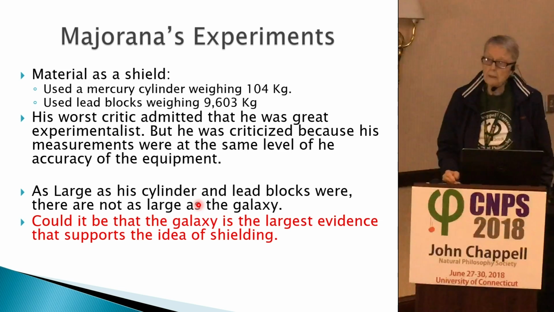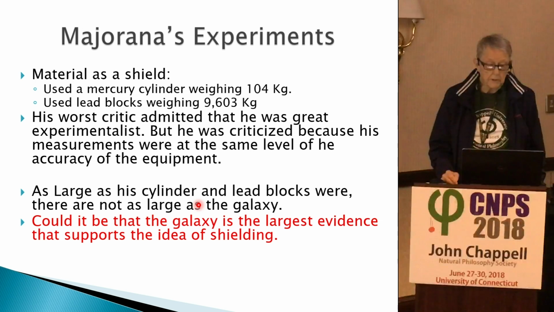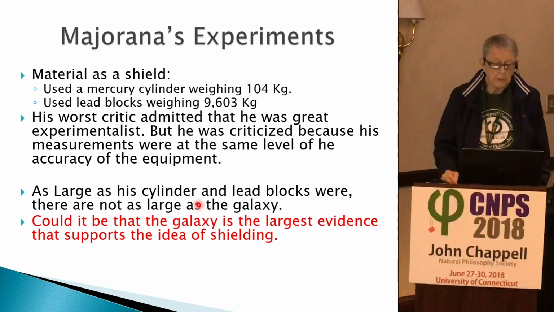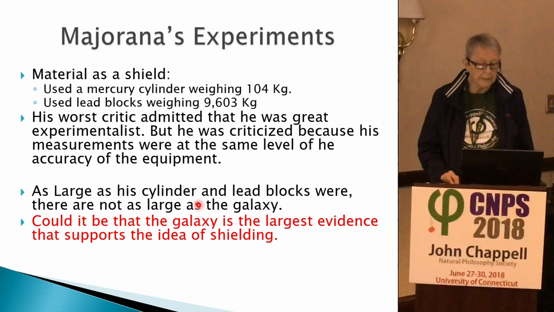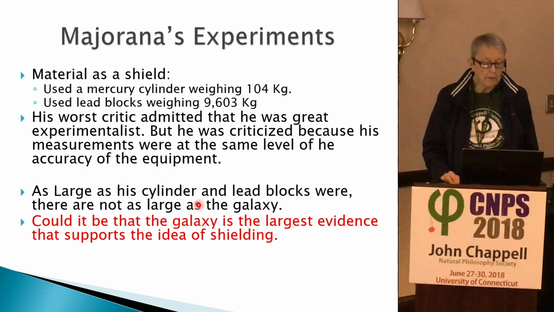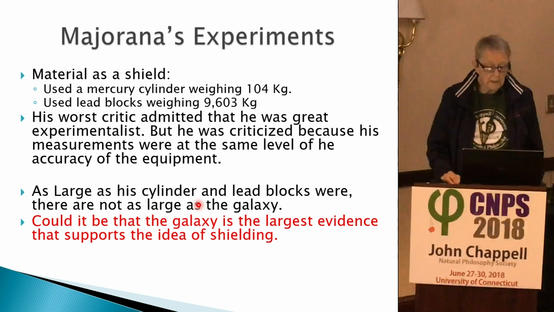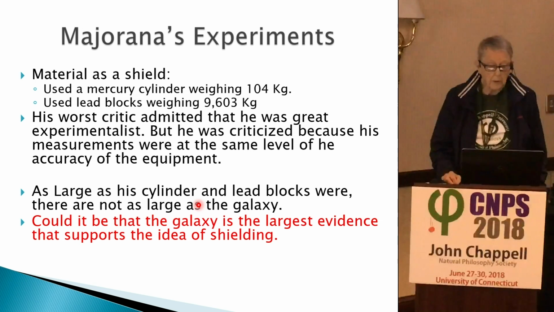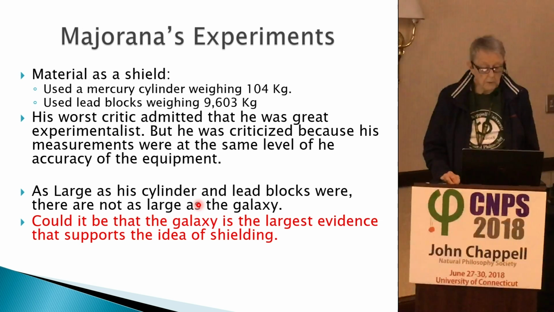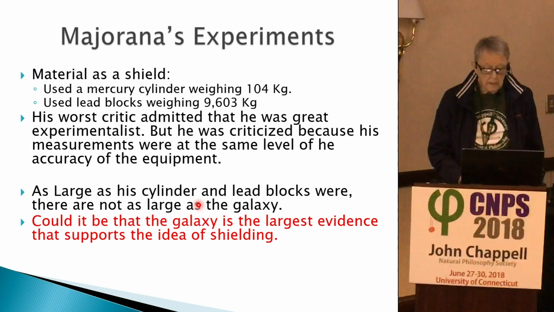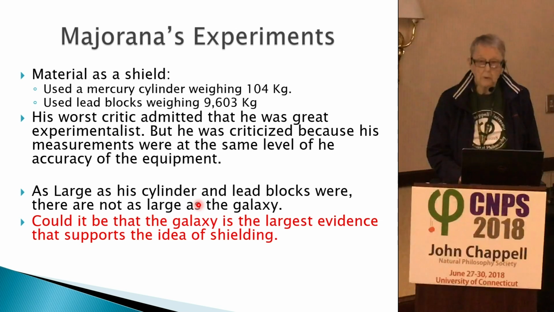His worst critic admitted that he was a great experimentalist, but he was criticized because his measurements were at the same level as the accuracy of the equipment. As large as the cylinder of mercury and the lead blocks were, they're not as large as the galaxy. And I'm suggesting, could it be that the galaxy is the largest evidence that supports shielding?